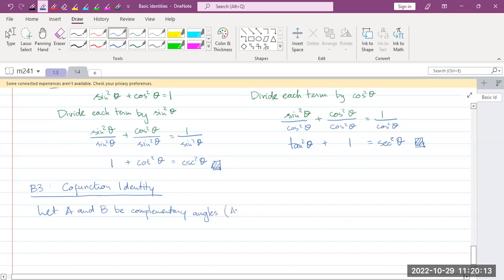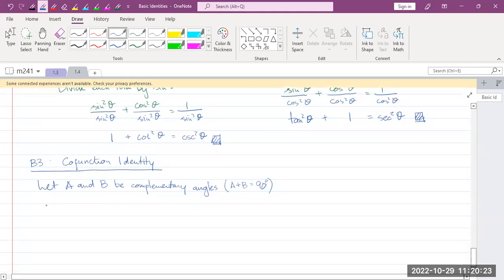In other words, A plus B equals 90 degrees. They form a right angle. Okay, so the first one, sine of one angle equals the cosine of the complementary angle. Tangent of one angle equals the cotangent of the complementary angle. Secant of one angle equals the cosecant of the complementary angle.